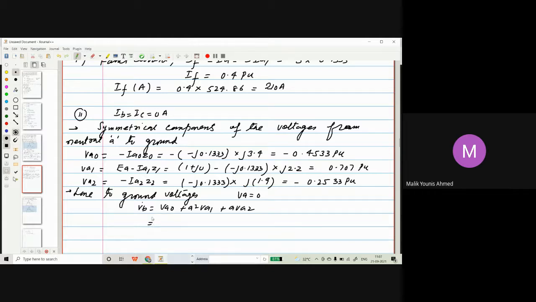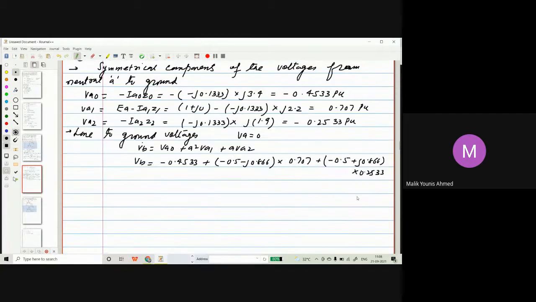VB can be further written as the VA0 value we have just got, minus 0.4533, plus A squared, which is minus 0.5 minus J0.866 in rectangular, times VA1, which is 0.707, plus A, which is minus 0.5 plus J0.866, multiplied by 0.2533. The A value in rectangular is this. I've already explained this.